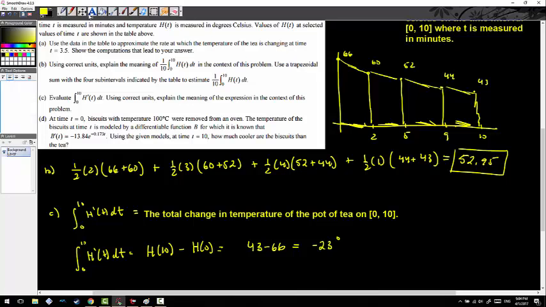I'll go ahead and punch that in. Oh, not the biscuit, sorry, I'm looking at part D. The tea, the tea's temperature changed negative 23 degrees in the first 10 minutes.